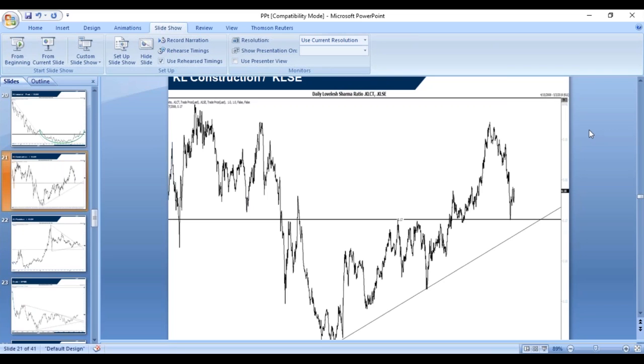So there are broadly 27 indices, and when we're talking about 27 indices, we're talking about almost hundreds of stocks.